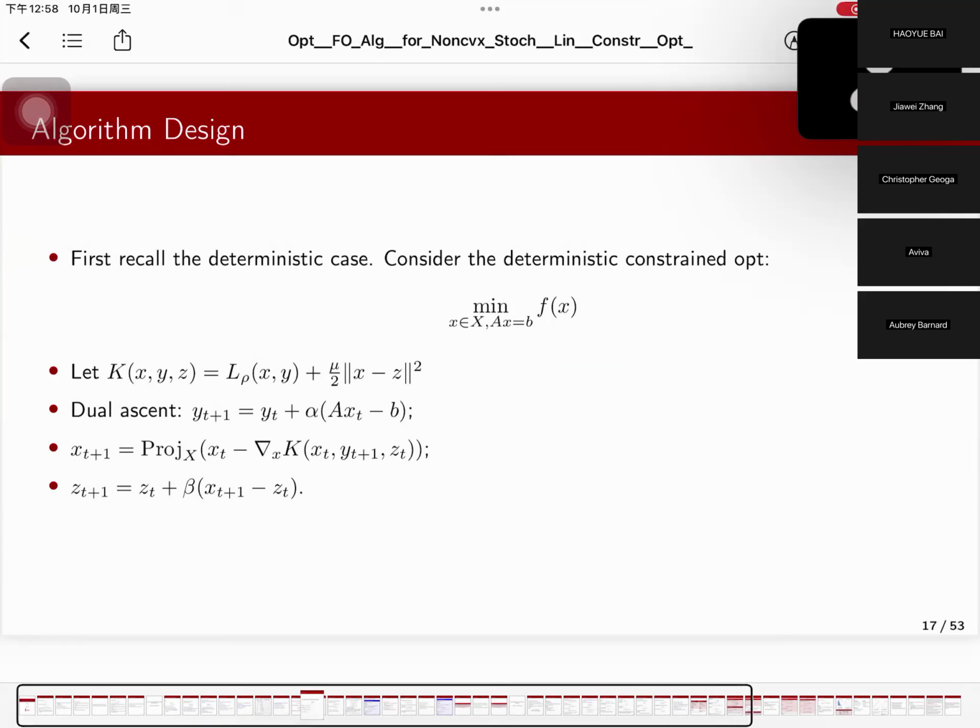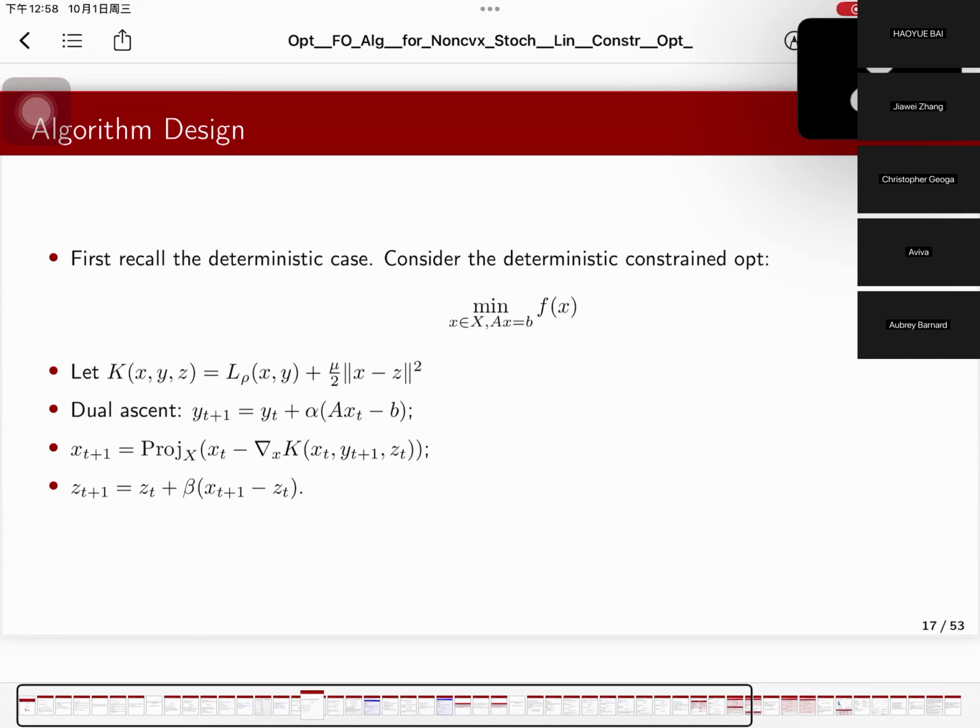Okay, so we first review our previous work on deterministic constraint optimization problems. We want to solve the following problem: minimizing f(x) subject to Ax equals b, x belongs to this set capital X. Here is the algorithm design. We add a proximal term to the augmented Lagrange function, and this proximal center is z.